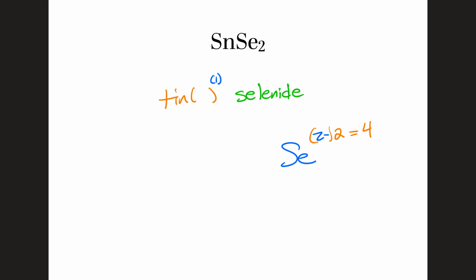We take our 4 and divide it by how many tin we have, which is 1. That gives us a 4. So this is the charge to put in as the Roman numeral for tin(IV) selenide.